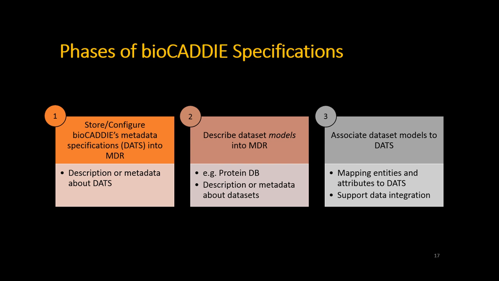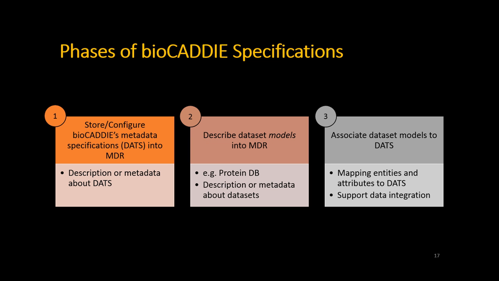For the BioCaddie DATS data model, there are three phases that we can work through to incorporate the DATS into the MDR. The first one is to configure the DATS model into the MDR. And once we've done that, we can then configure your data sets, which are sort of your data sources.